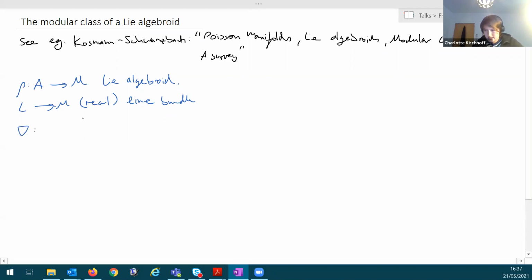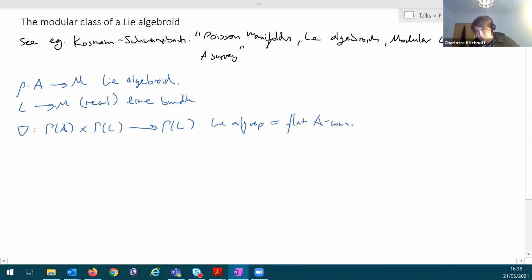So what's that? That's a Lie algebroid connection, so a connection of A on L that is flat. The important properties to keep in mind for this kind of object: first of all, this is an A connection, so what this means is that it has a Leibniz rule for functions, where rho is the anchor of the Lie algebroid.